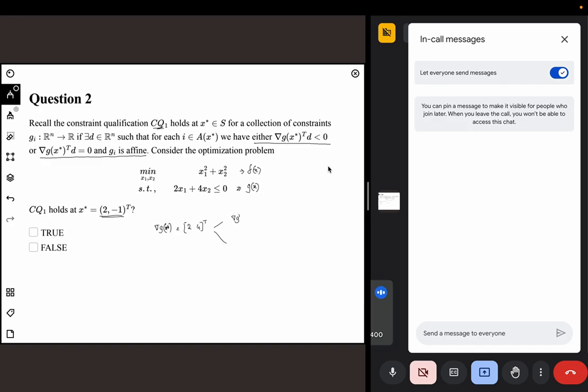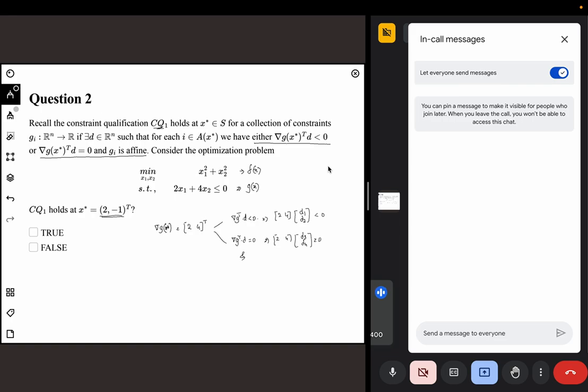If you take the first one, that is grad g times d less than 0. This implies you need to calculate 2 4 times some d1 d2, my vector, should be less than 0. And the other condition says grad g times d equals 0. If you do this, then it should be 2 4 times, maybe I'll put some other values here, d3 d4, equal to 0.